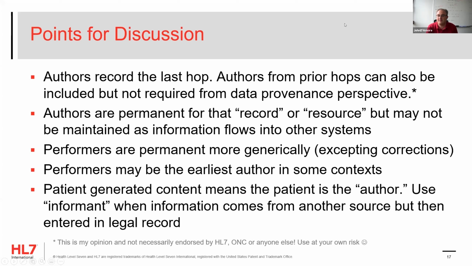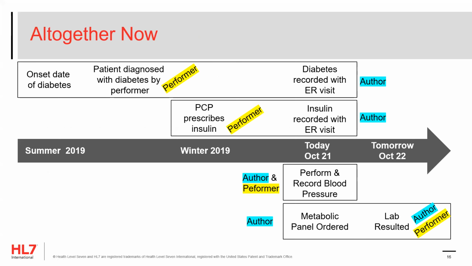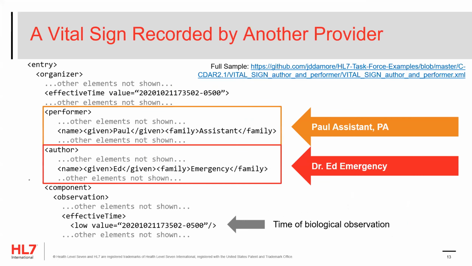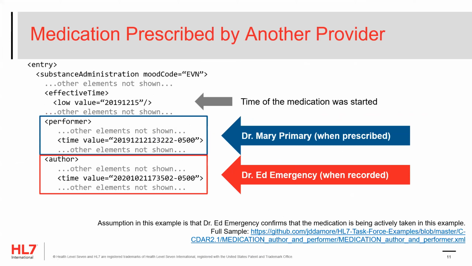So I think that there's. John, the only one that I was confused on, in terms of performers, and believing that everything you've got there is true, and I agree, is on the slide where you had medications. You showed a substance administration in mood code EVN, and you talked about prescriptions.